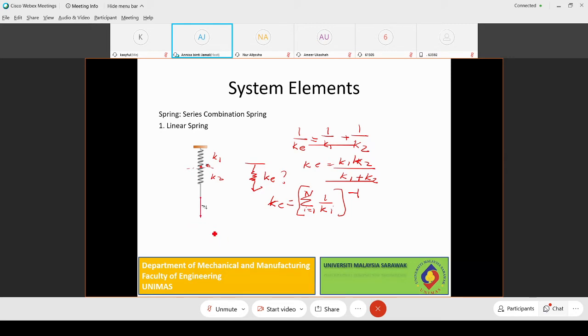We have V(x) equal to V1(x) plus V2(x) equal to half K1 x1 squared plus half K2 x2 squared. But if you want to combine these two, then you have to find this first. If not, then you can leave it in this form. Okay, that is for the linear spring.